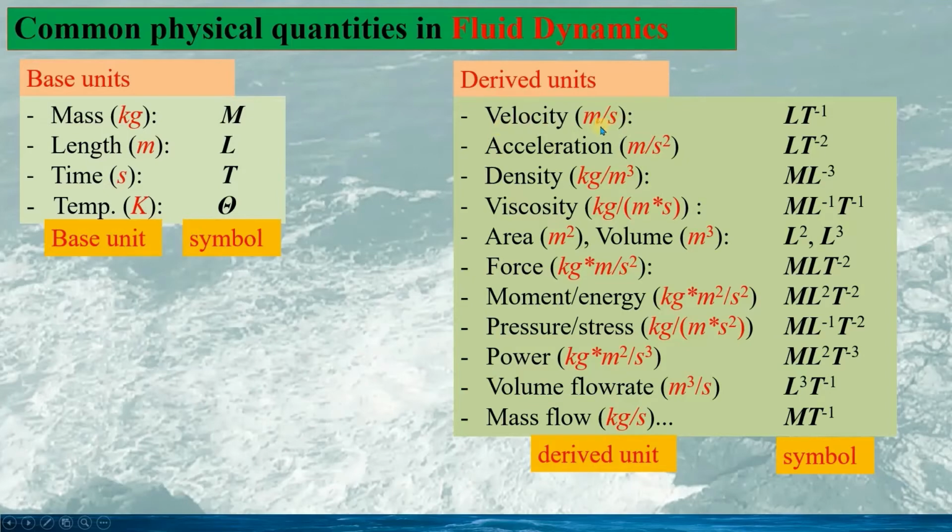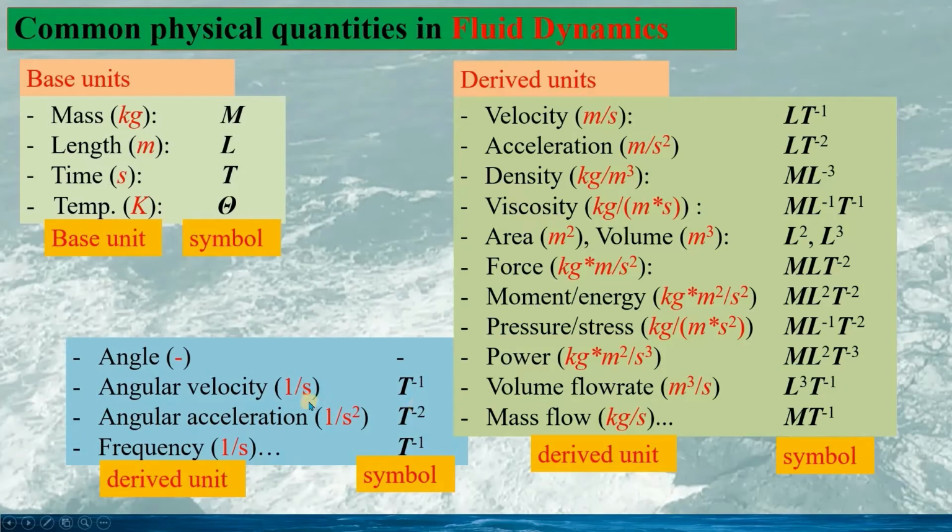For instance, velocity, meter per second, so the symbol would be L/T to the power of -1. The acceleration, meters per second squared, so the symbol would be L/T to the power of -2, and so on.